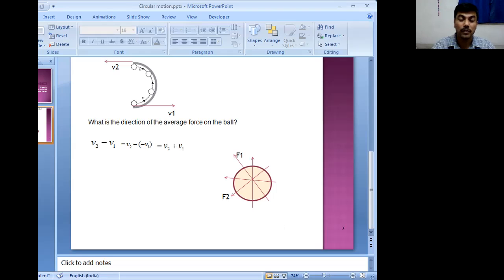we have the case of an interesting analysis where the average force is to be found out during a particular time interval by considering the components of the impulses during the time interval, and from there we can get the clear picture. So actually, what the instantaneous picture gives you and what the average picture gives you may be completely different.